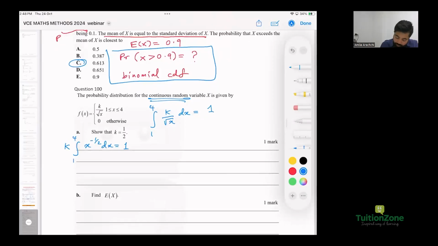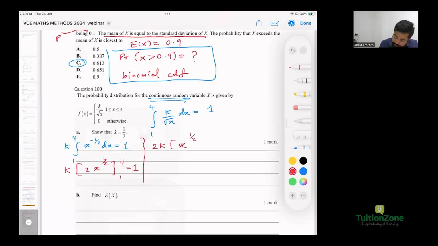I'll work it out. So k, what's the answer? x to the power half divided by half, which is something like this. Tell me if I'm wrong. I can even take the 2 out, so 2k.